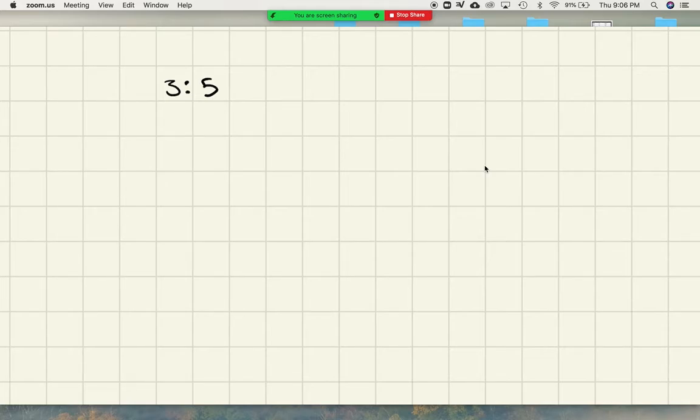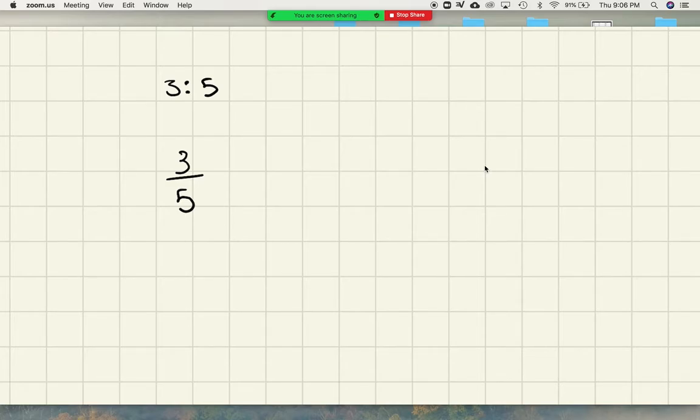That means for every 3 girls, there are 5 boys, right? So this is the tricky part, because there could be 8 students, and then his reasoning would be correct, but it doesn't have to be.